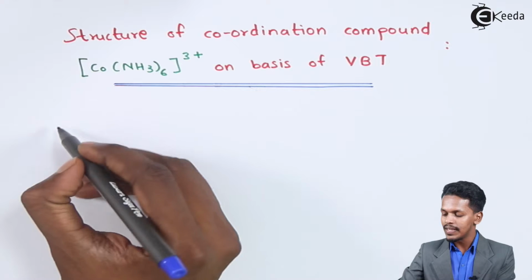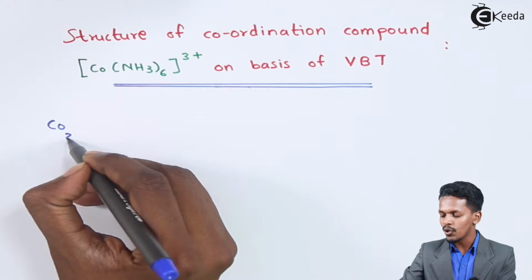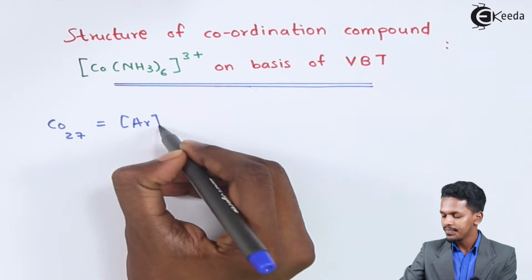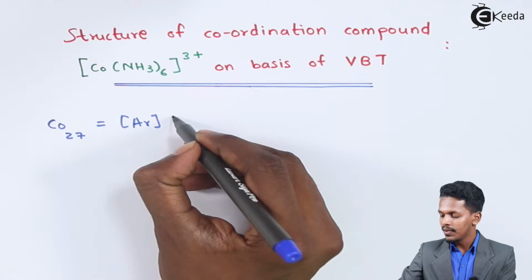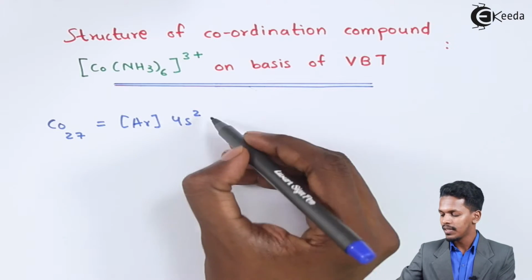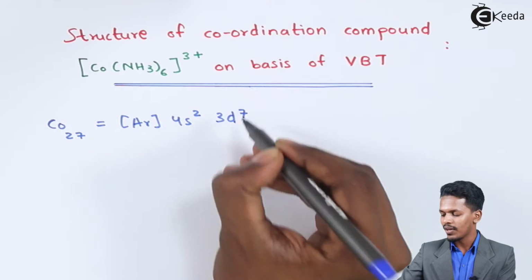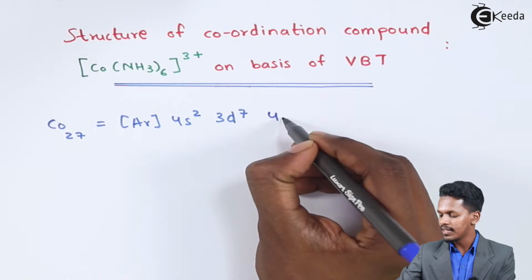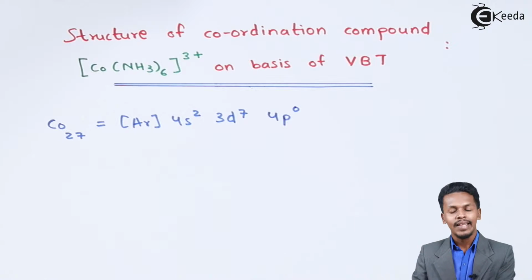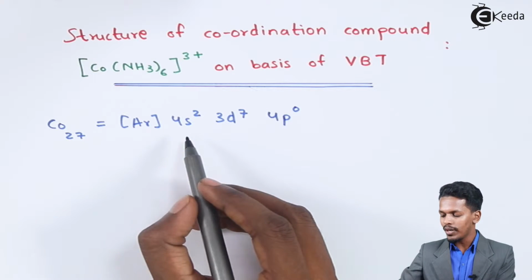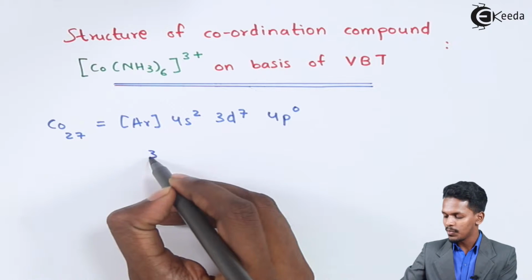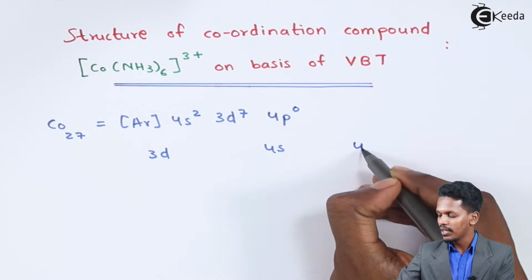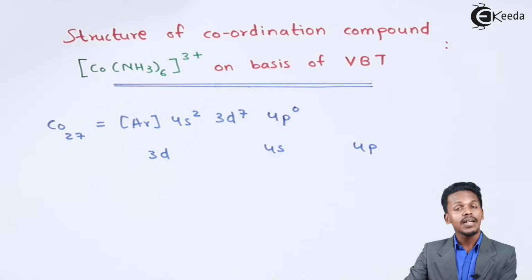For that we should understand that cobalt has an electronic configuration that could be written as argon 18, 4s2, 3d7, or else I could write 3d7 4s2, and then 4p0. Suppose I talk about the 3d orbital, then 4s, then 4p.